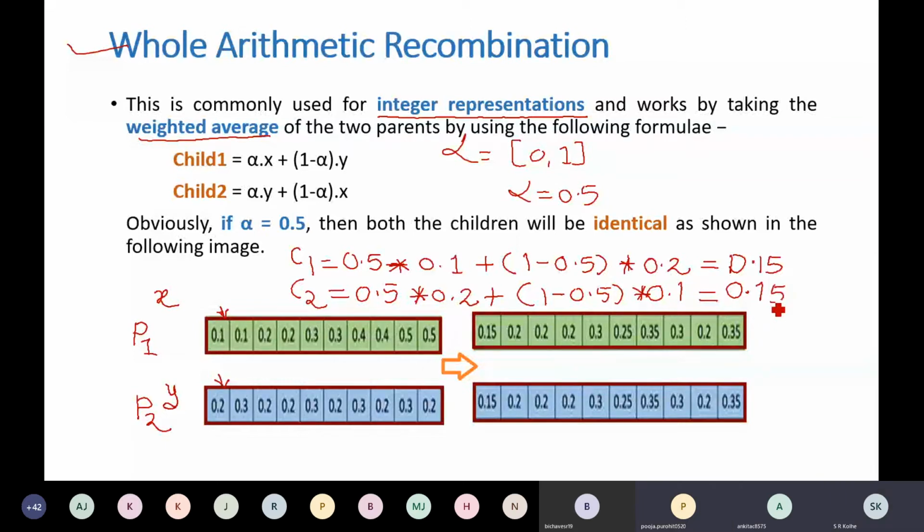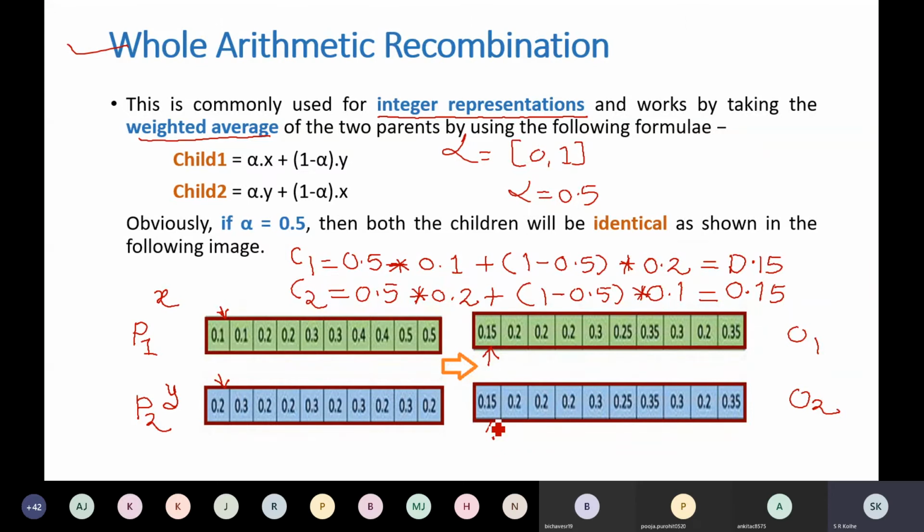0.15. Right. Okay, so now you come to this offspring 1 and this one is offspring 2. So here the value is 0.15 and here also the value is 0.15. This is C1 and this is C2, right? So what can we say about this?